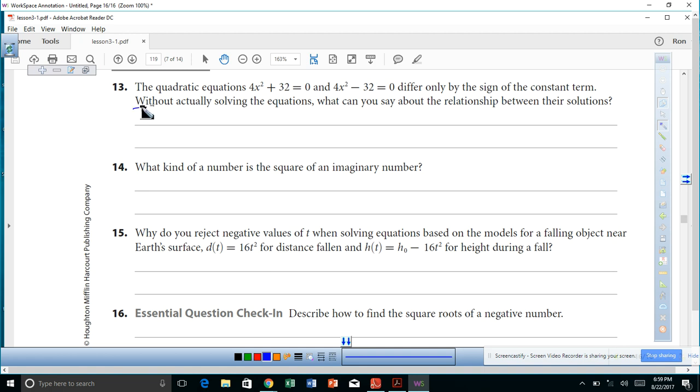The first equation has imaginary solutions. Wow. The second has real solutions.